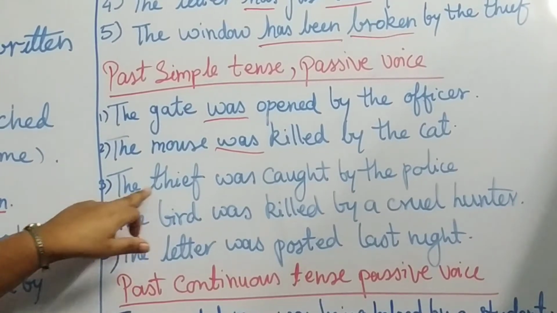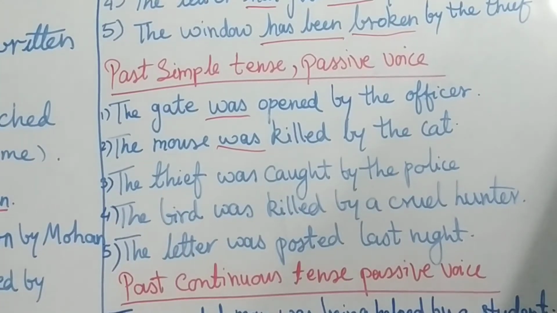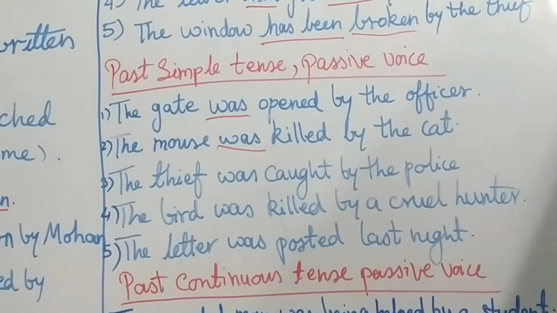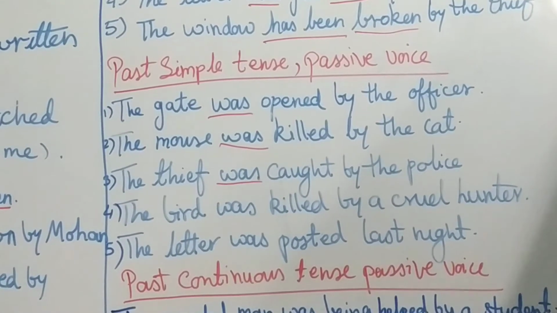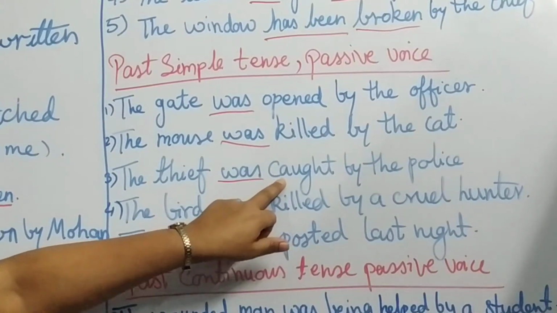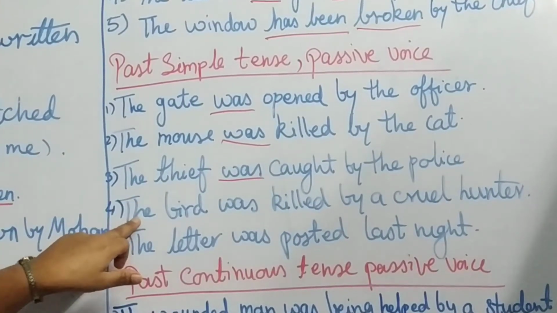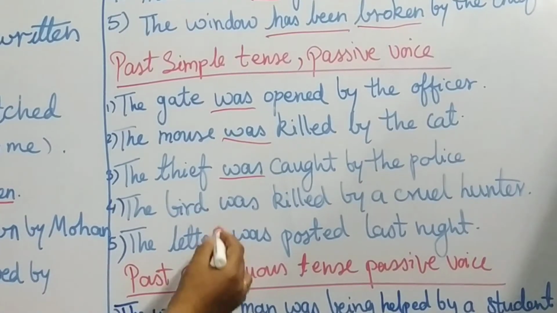Third sentence, the thief was caught by the police. Pick out the helping verb was. So was is the form of to be in the past tense. Caught is the past participle of to catch. Okay. Next, the bird was killed by a cruel hunter.